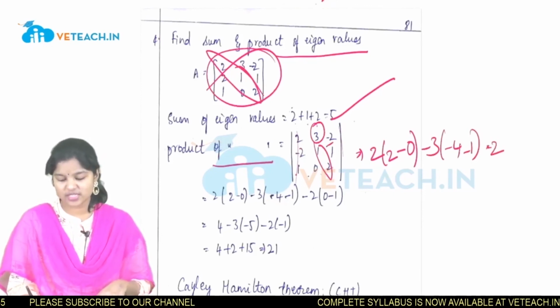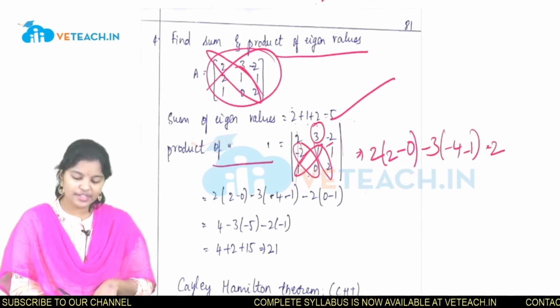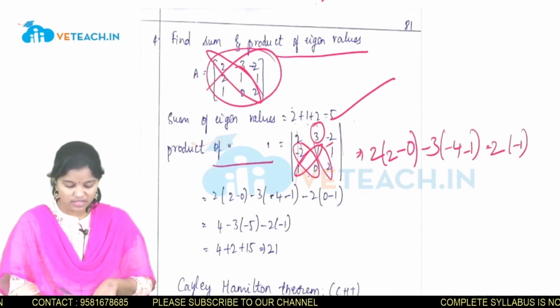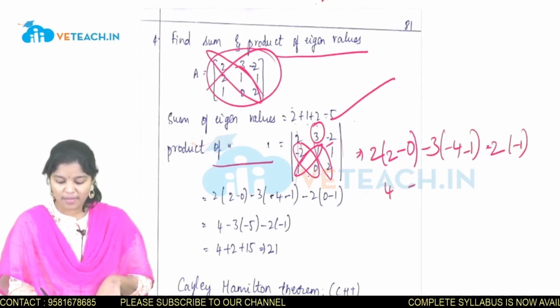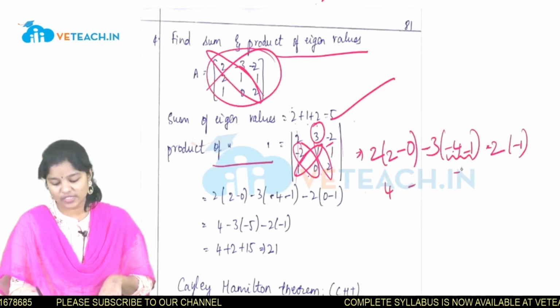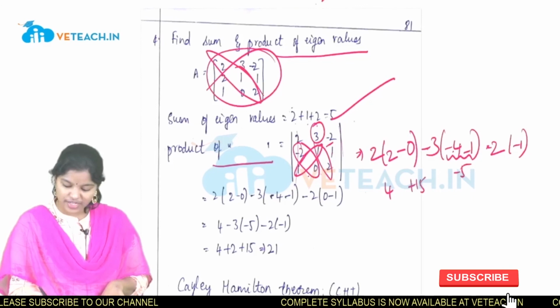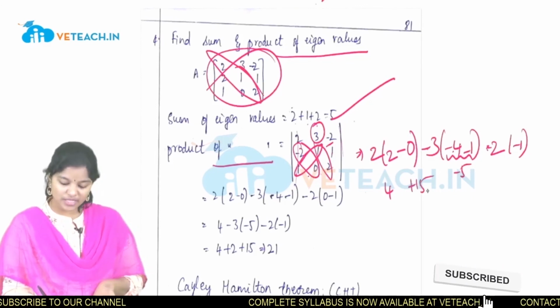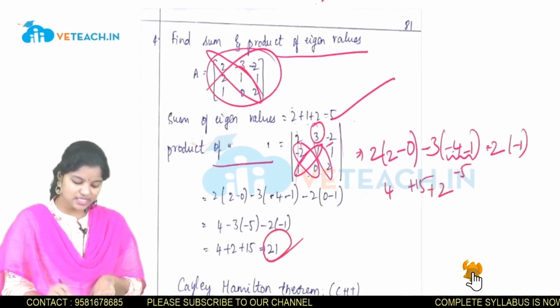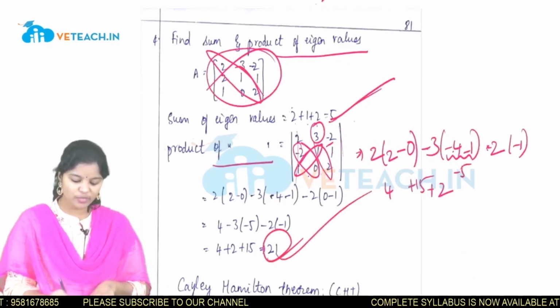Minus 2 into 0 is 0, minus of 1 into 1, so minus 1. So we will get 4 minus 3 into, first we solve in the brackets, minus 4 minus 1 means minus 5. So minus 3 into minus 5 means plus 15. Minus 2 into minus 1 means plus 2. The answer is equal to 21. Simple. So the sum is 5 and the product is 21.